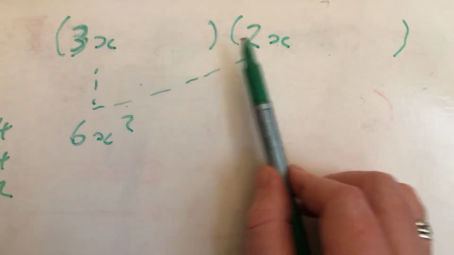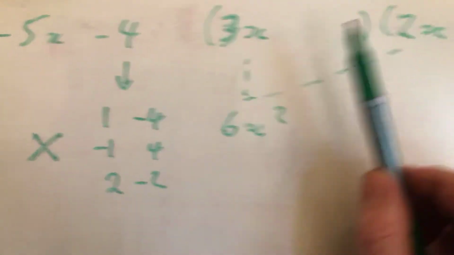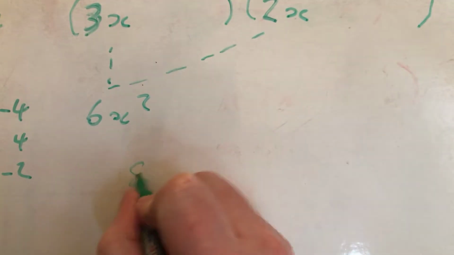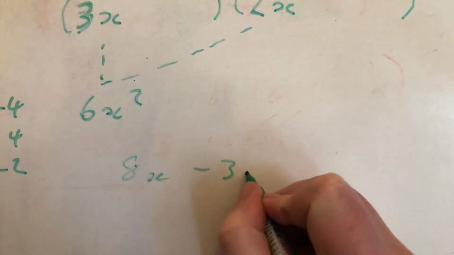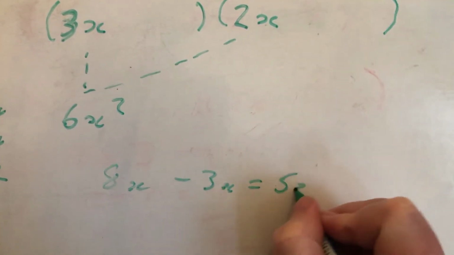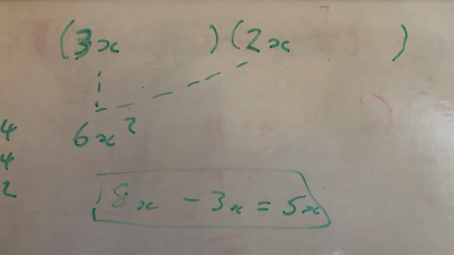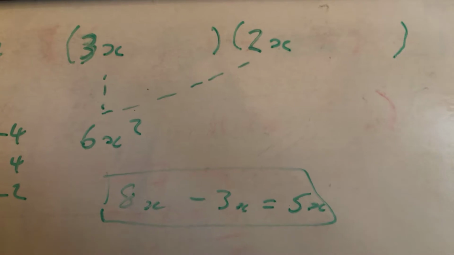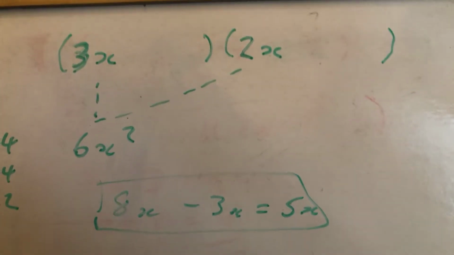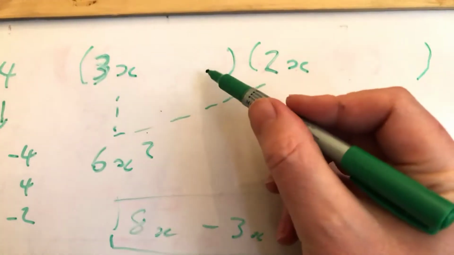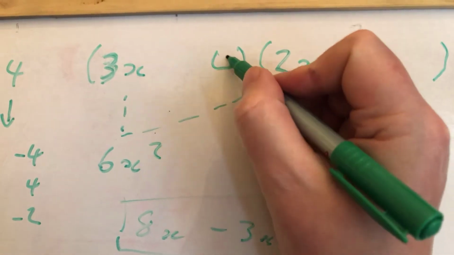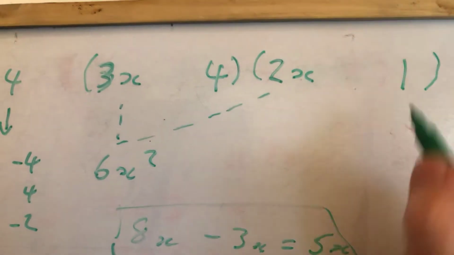Now, 8x take away 3x is equal to 5x. So that is a good candidate. So we're thinking it's going to be that combination, the 1 and the 4. It'll be 4 times the 2, and 1 times the 3.